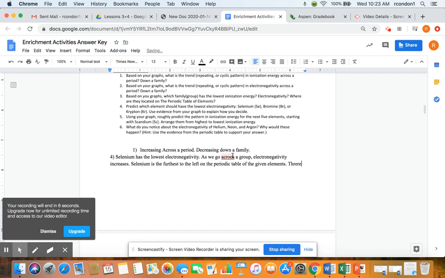Therefore, it must have the lowest electronegativity of the 3, using the identified periodic trend for electronegativity.